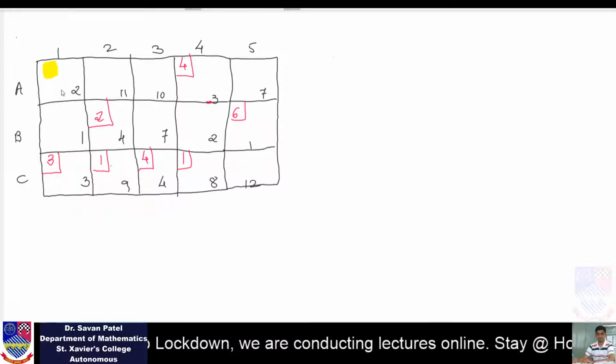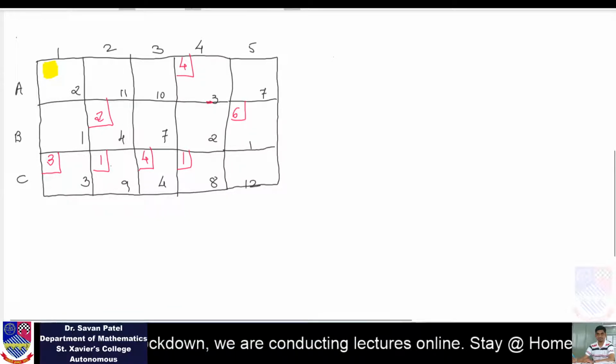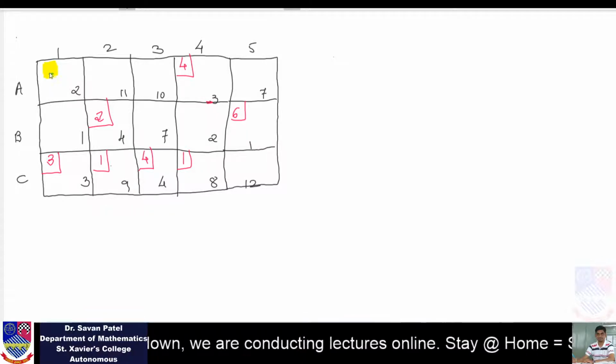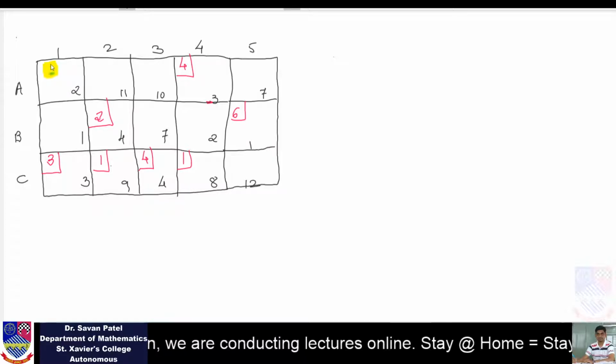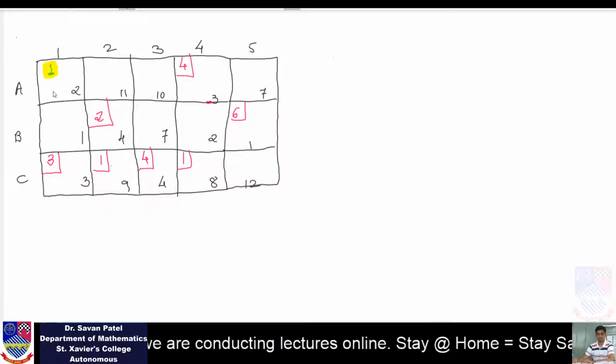So I am planning to allocate something here. I feel that if I allocate something here, meaning I transport something from here, and since I am taking integers, let me write 1 unit. I am transporting 1 unit from here.